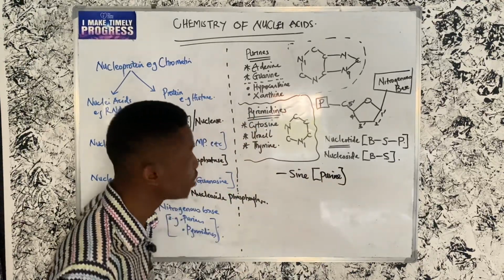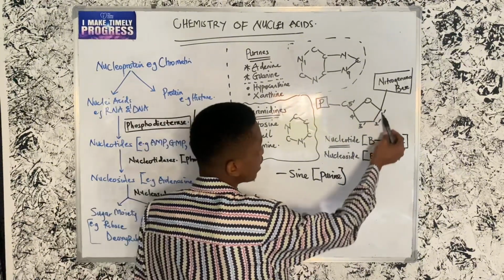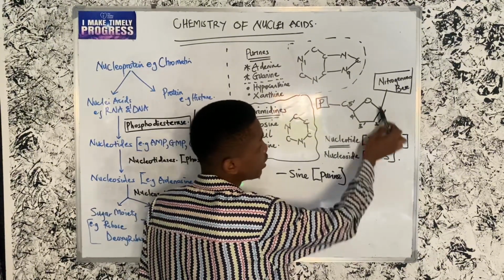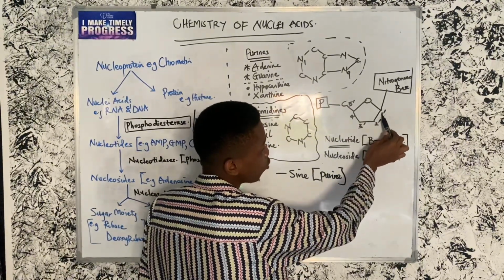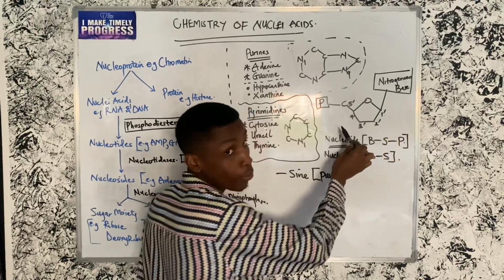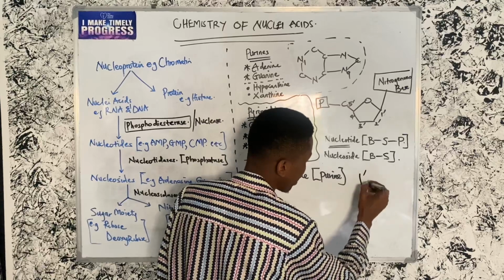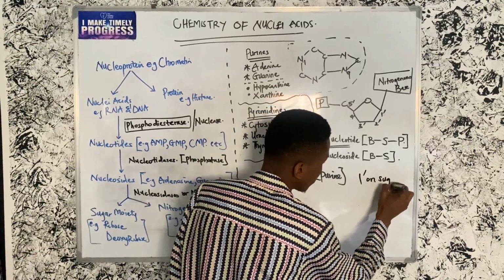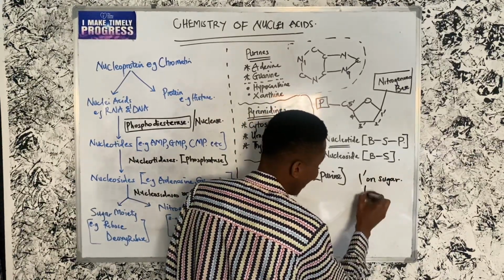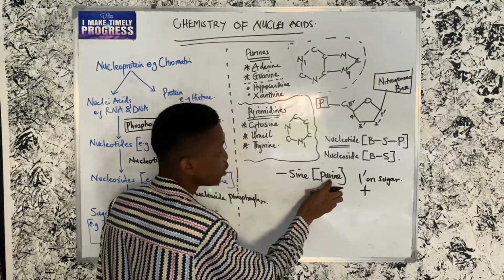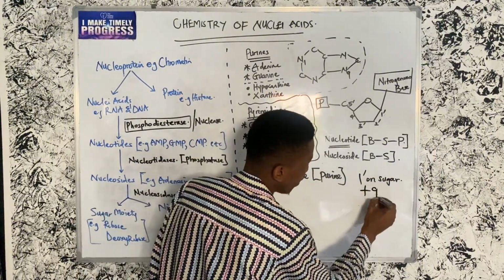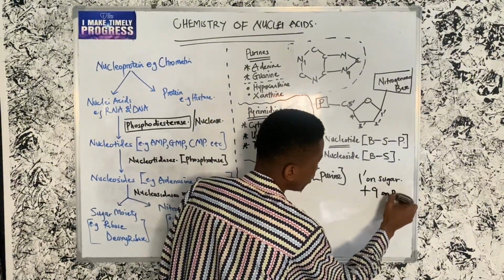And the bond will be between, please remember I told you that the ribose sugar or deoxyribose sugar is labeled with 1', 2', 3', 4'. So the bond will always be between the 1' on the sugar and, if it is a purine, the number 9 on the purine.